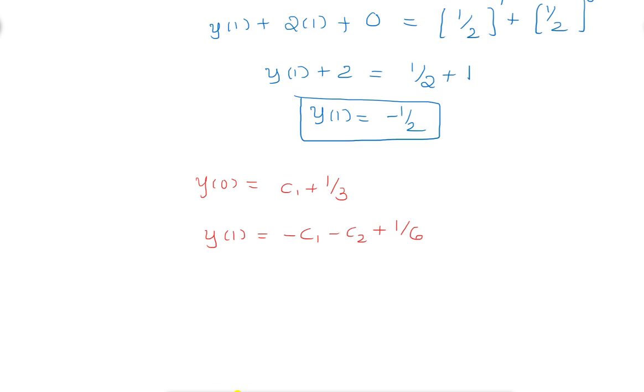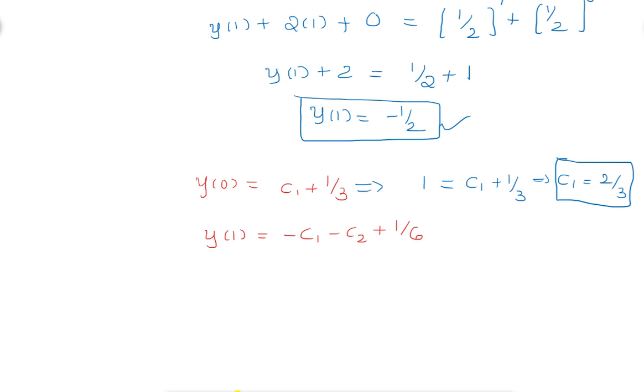Its value is equal to 1, which is equal to c1 plus 1 by 3. Finally, we obtain c1 is equal to 2 by 3.